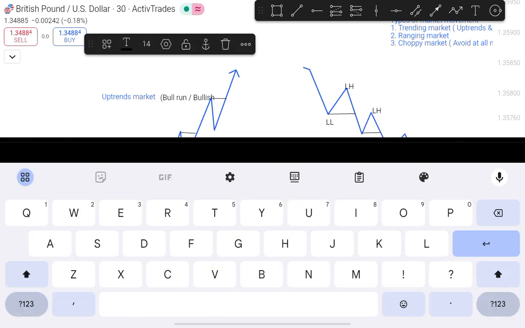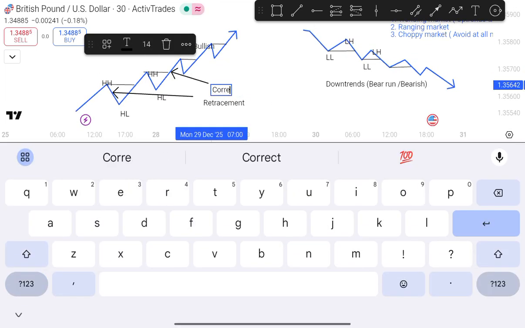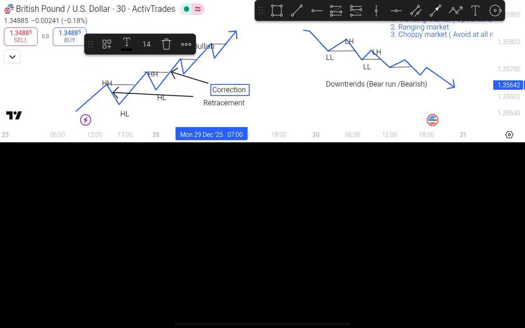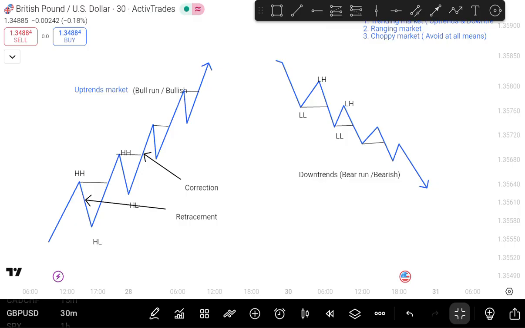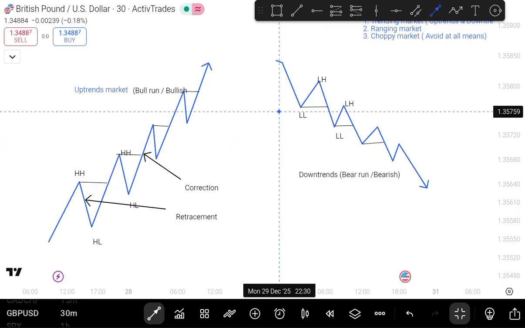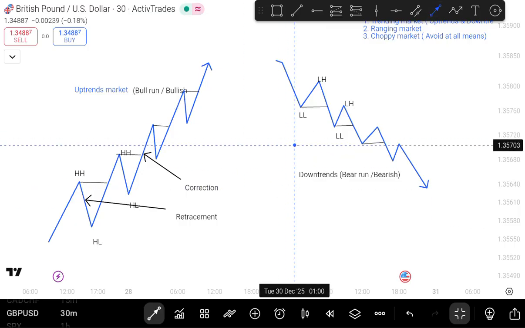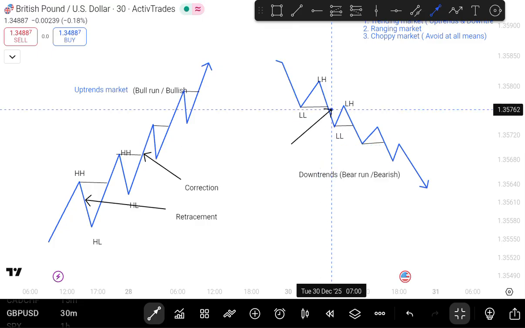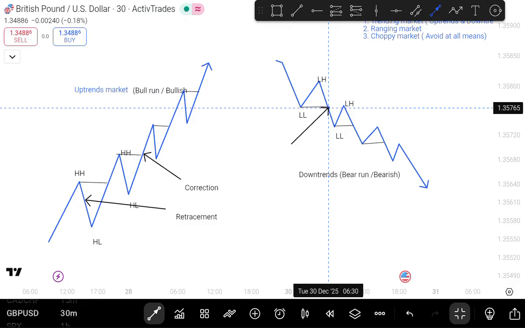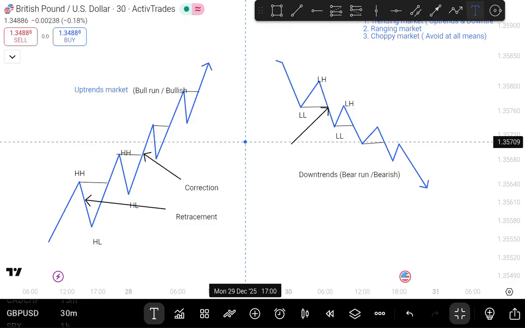Is that clear? So for the downtrend market, this is going to be our correction, because it is correcting it back to its normal direction. This is called a correction.